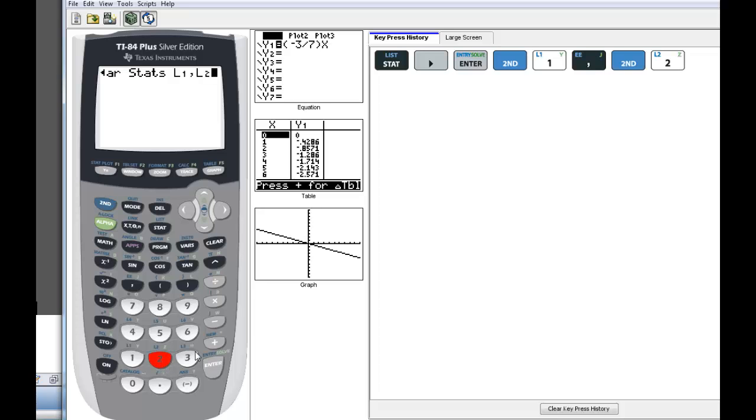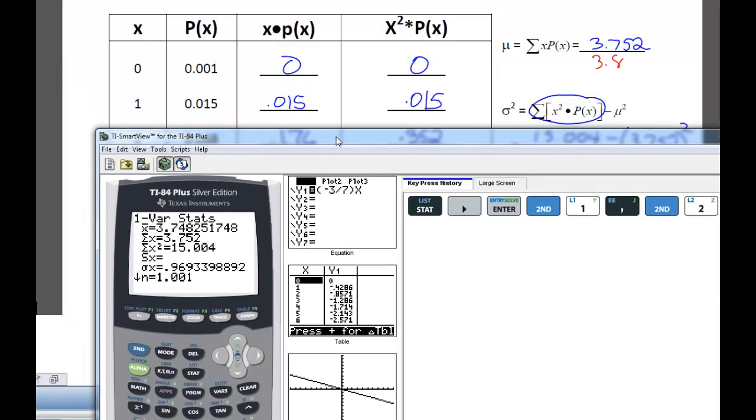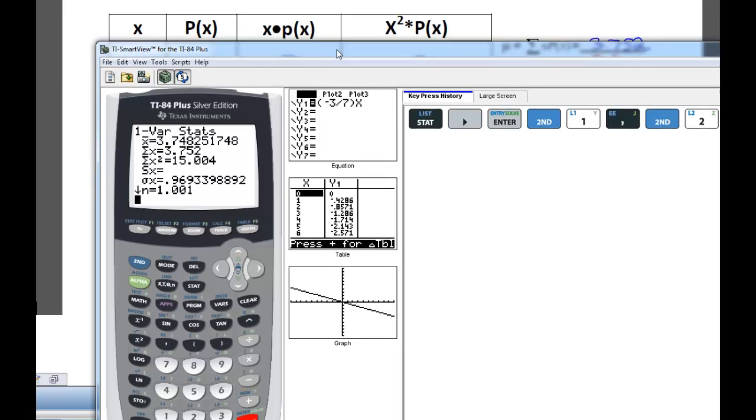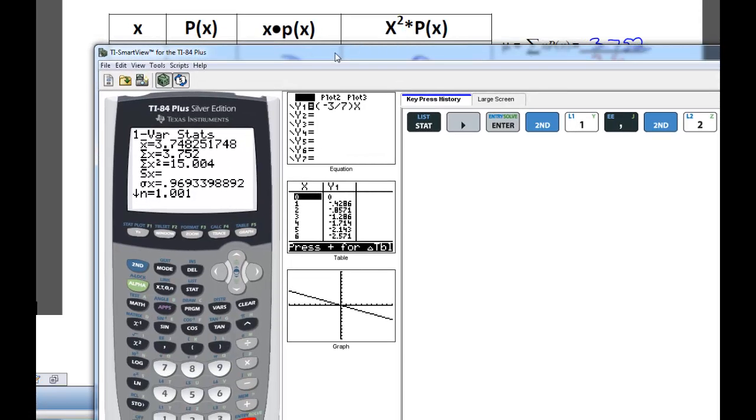So I had L1, comma, L2. Hit enter. And we've got that 3.748, which hopefully is what we got. 3.752. Maybe we did some round off, but we came up with 3.748.